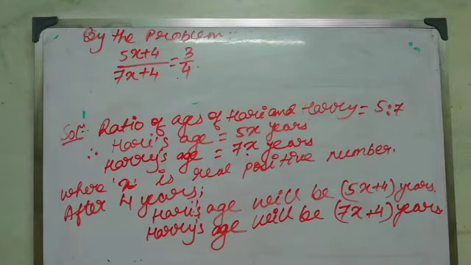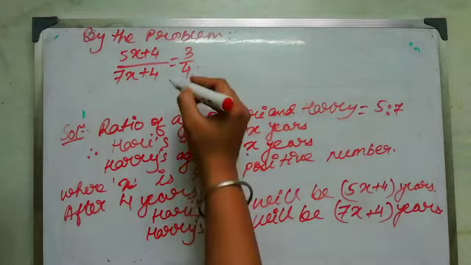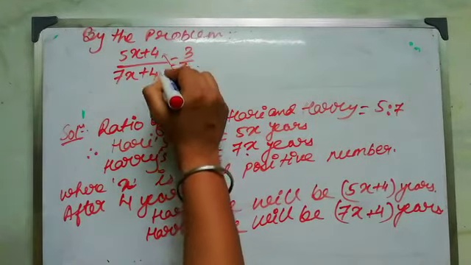So now we know how to solve this type of sum, right? Simply we will cross multiply this.